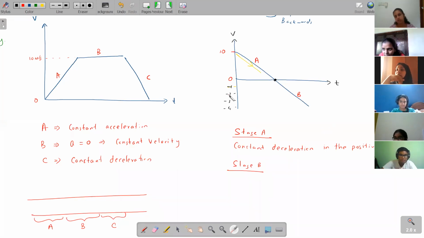That's correct, but what you do is this: think of negative as only the direction. The value is the magnitude of your velocity. So you have a velocity of 4. The magnitude is 4. Negative is simply the direction.